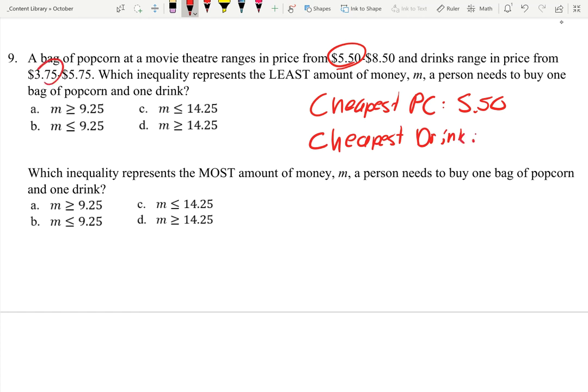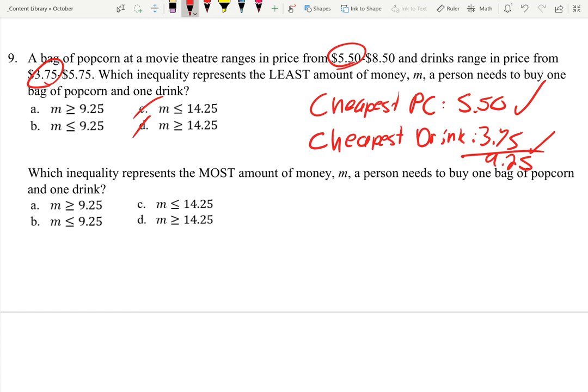The cheapest drink starts at $3.75. So you'd spend $5.50 for popcorn and $3.75 for the drink, and adding those together, that's $9.25. Okay, definitely going to rule out C and D here.